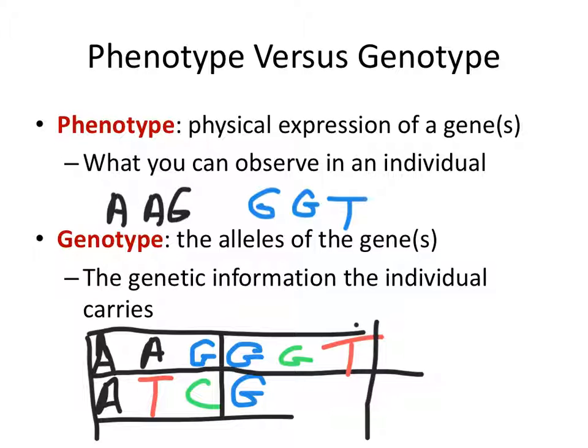And that physical expression can be physical, like let's say eye color. So you're coding for protein pigments that have specific colors to them. Or it could be a physiological trait. In other words, do they produce lactase and therefore are lactose tolerant or not?